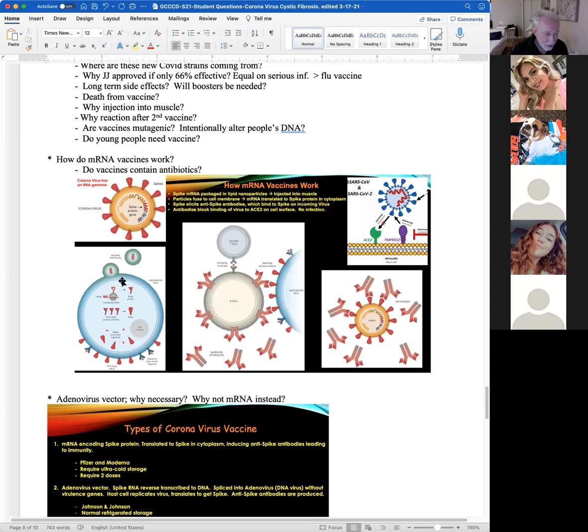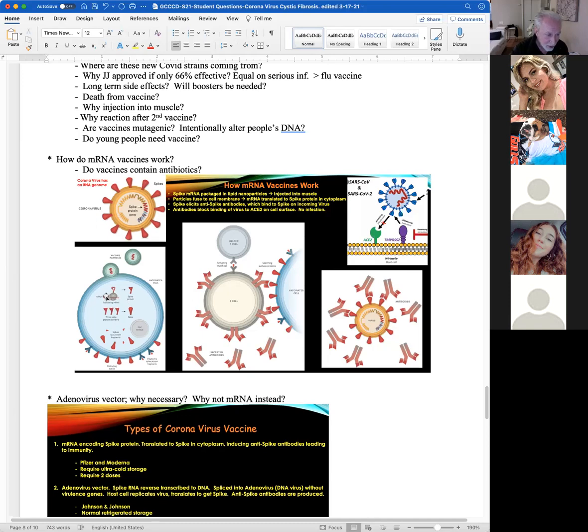In a muscle cell, that particle fuses with the plasma membrane and releases the mRNA directly into the cytoplasm. And now what you have here is what I showed you earlier. You have all the components of protein synthesis machinery: the mRNA, the ribosomes, and the tRNAs.